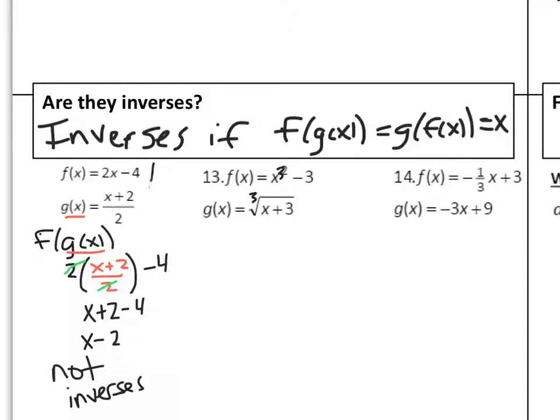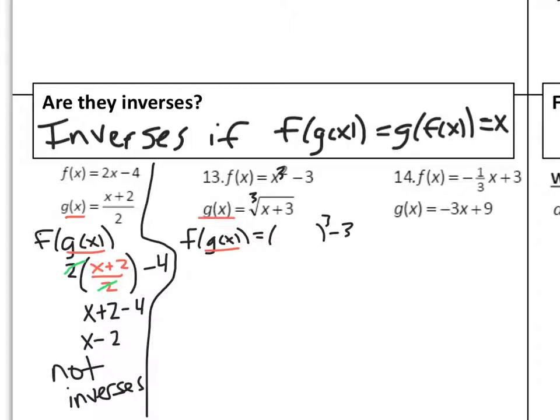Once again, if they don't work, you just move on with your life. You don't need to worry about the other one. Okay, yours says cubed and then cube root. I have an old copy and it was squared and square root. There's a reason I changed it, which you don't need to care about. F of g of x means we're going to plug g into f of x. So we are cubing something and minusing 3.